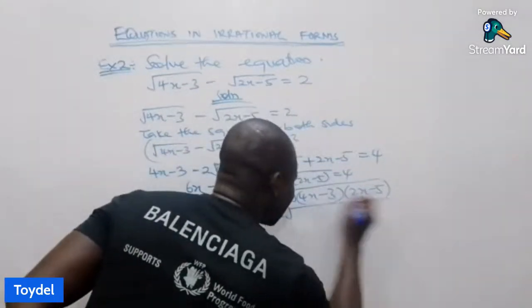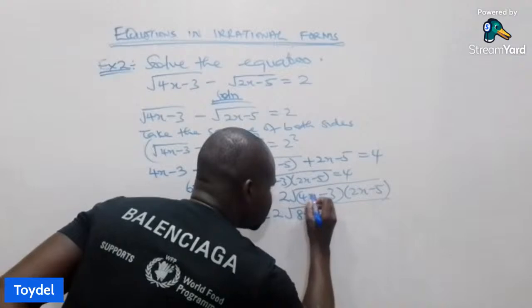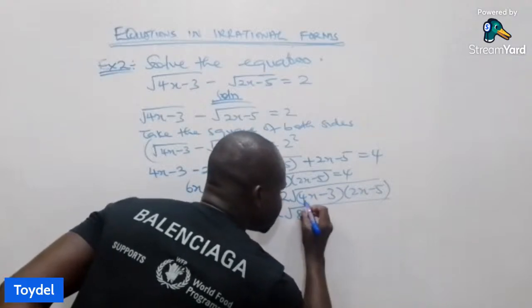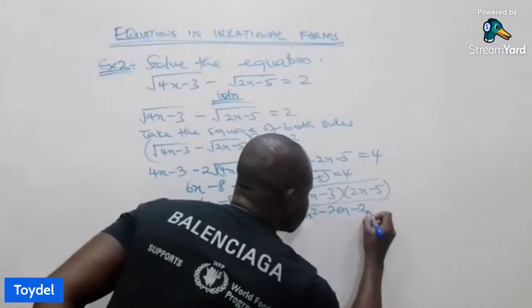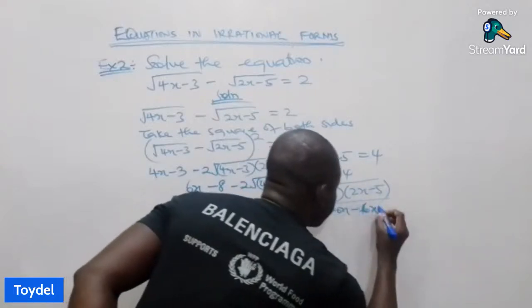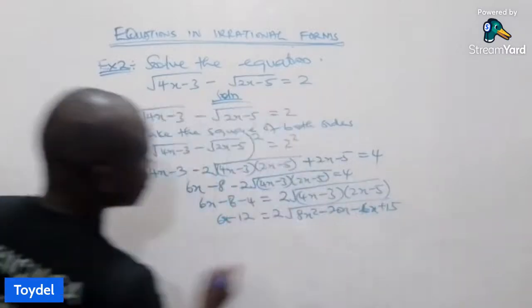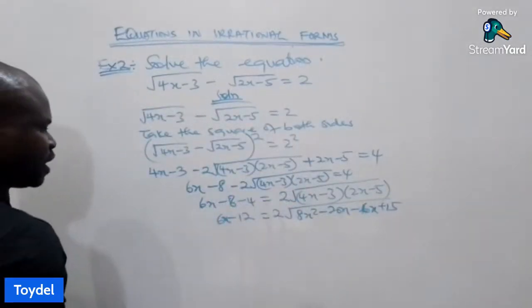To be equal to 2 square root of, I can open this up. I'm going to have 8x squared minus 4 times 5, that's 20x minus 20 minus 6x plus 15. I try to expand what I have, the radicand that I have there.